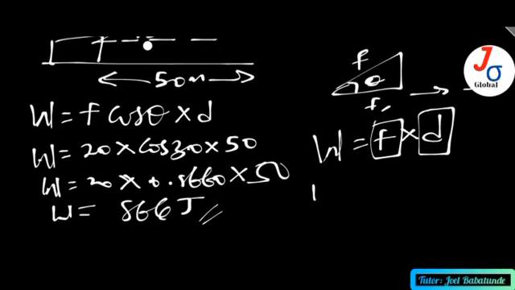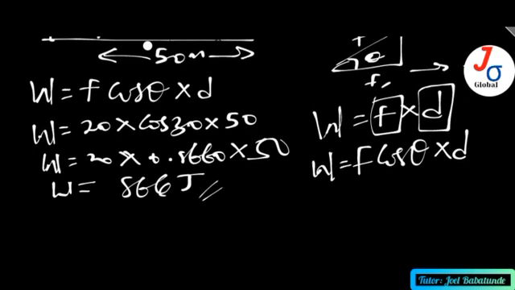The second case is W equals F cos theta multiplied by D, and this is where the force is at an angle with the distance covered. So that's when you use this formula.